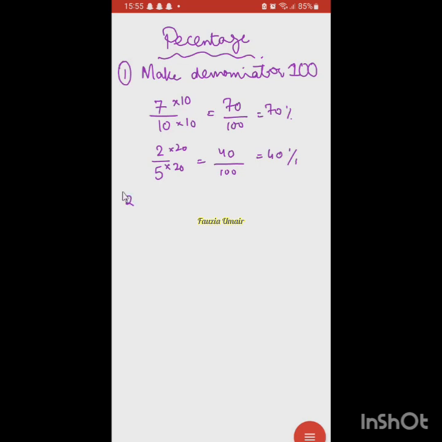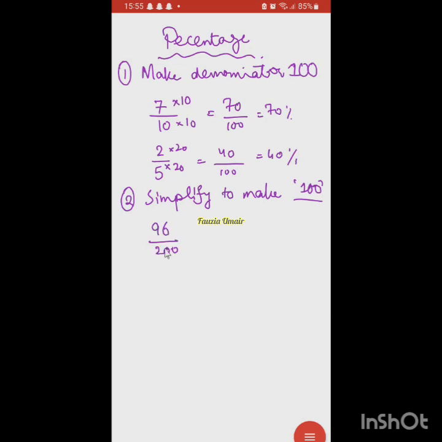दूसरा मेथड क्या है? Sometimes instead of multiplying we need to simplify. Simplify to make denominator 100. For example, देखो आपके पास है, let's say 96 by 200.